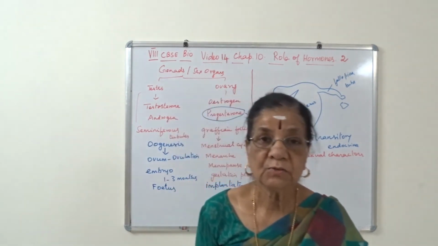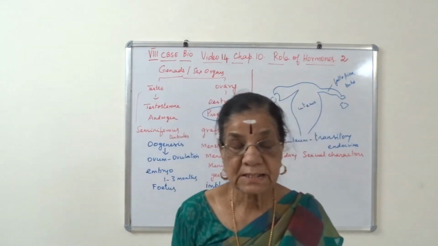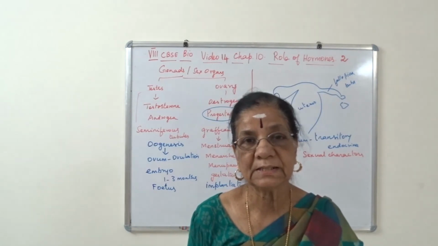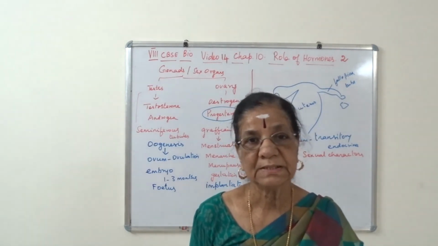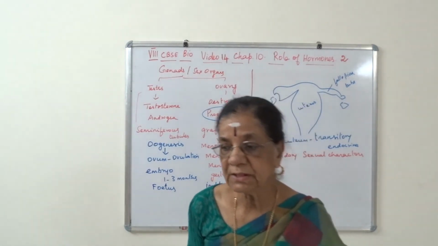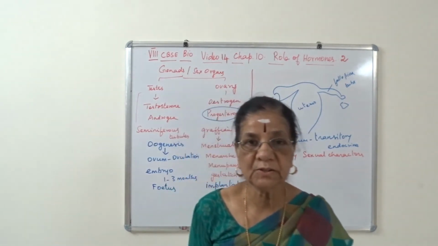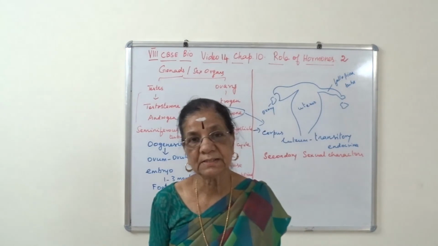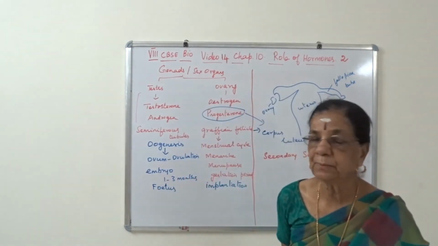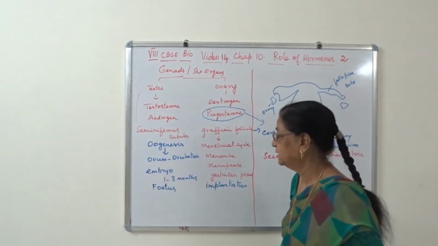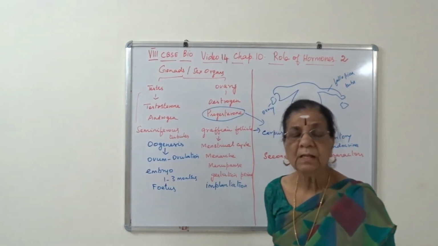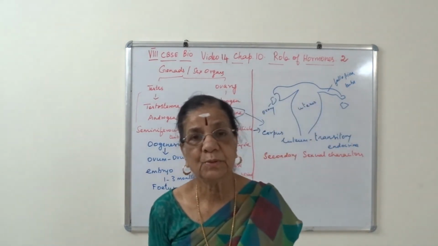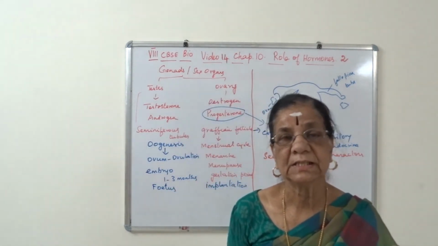Okay, and along with that there are secondary sexual characters also taking place. So when the reproductive system continues to function, the secondary sexual characters also appear, normally in puberty or adolescent age.